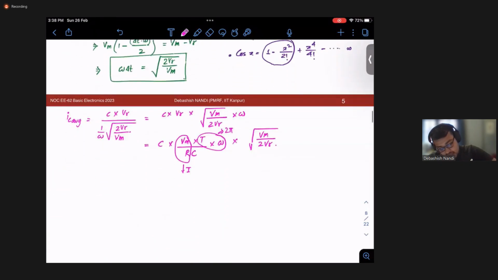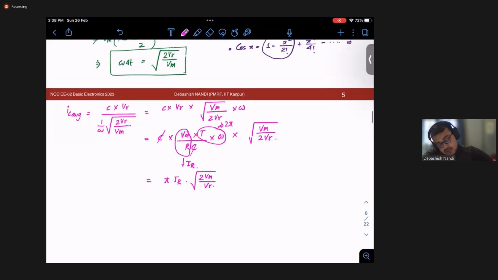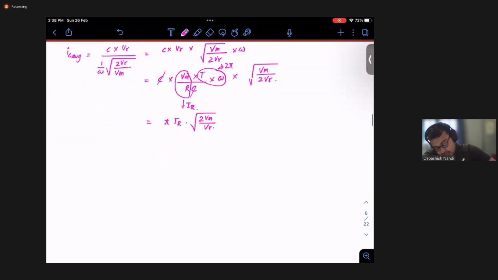So C cancels and it becomes pi into IR into root over 2 Vm by VR. Okay, so we find out that IC average is this.